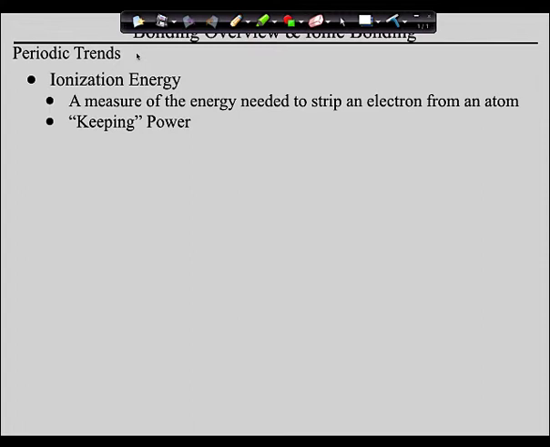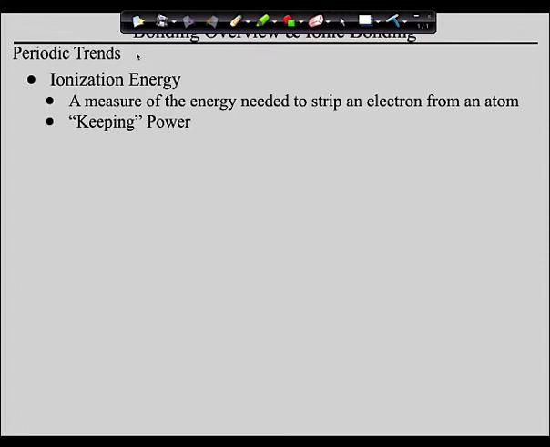So guys, what is the trend on the periodic table as it relates to ionization energy? Well, let's just say it generically. What is the relationship between ionization energy and size? The bigger the atom, the lower the ionization energy. Guys, the same thing that makes atoms good stealers, electronegativity, also makes them good keepers, ionization energy.